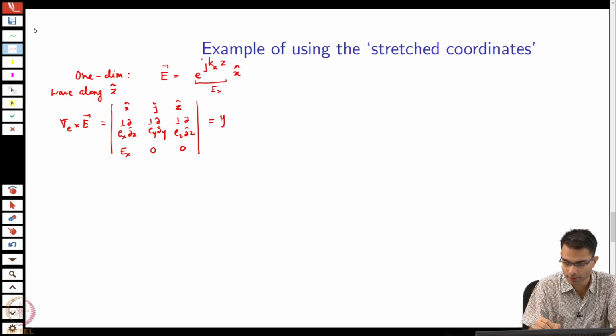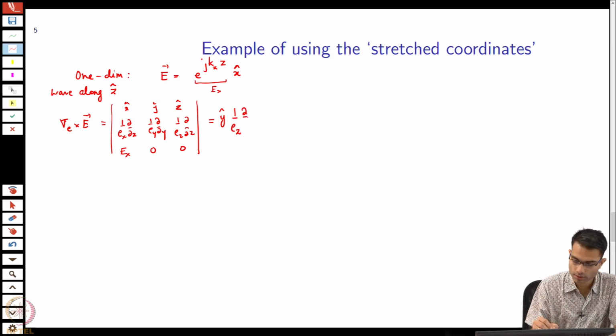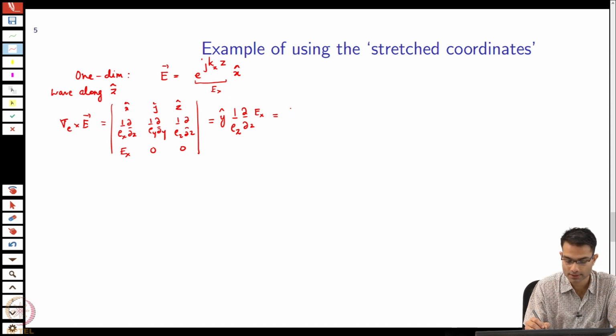So, only the y hat component is going to survive, and its value is going to be 1 by Ez, correct, del by del z of Ex, and that can further be simplified as, there is no z component, because d by dy of Ex is 0, right. So, this is just going to give me a j kz by Ez e to the j kz z y hat.